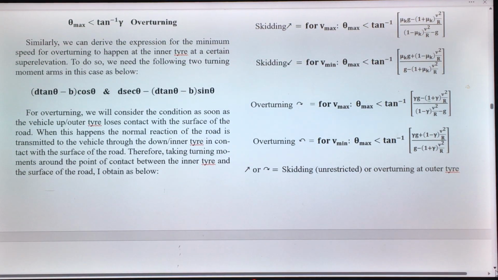For overturning, we will consider the condition as soon as the vehicle's up tire, the tire on your right side in figure 18, loses contact with the surface of the road. When this happens, the normal reaction of the road is transmitted to the vehicle through the down inner tire, or left tire, in contact with the surface of the road. Therefore, taking turning moments around the point of contact between the inner tire and the surface of the road, I obtain as below.